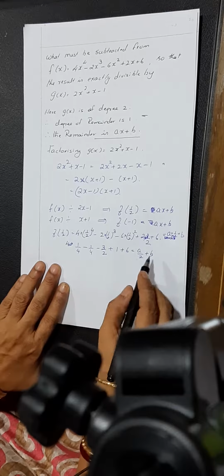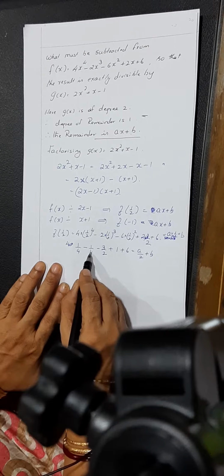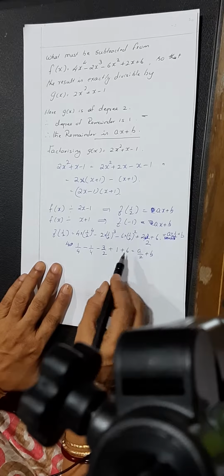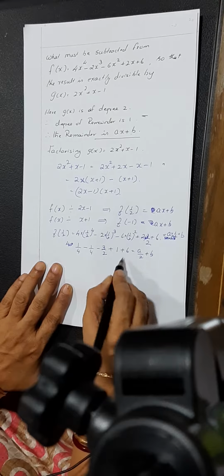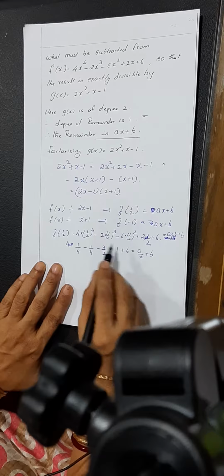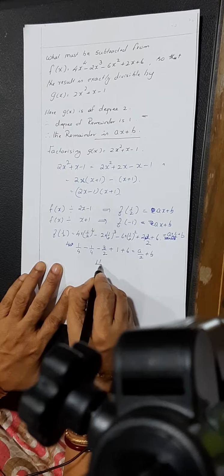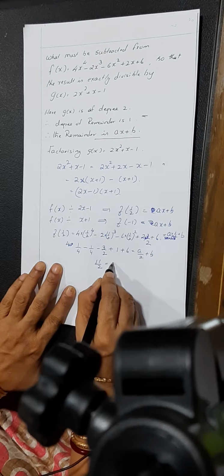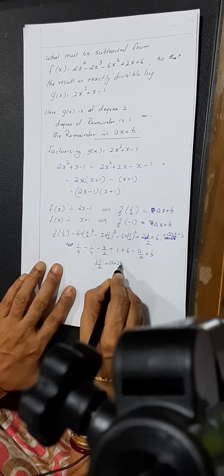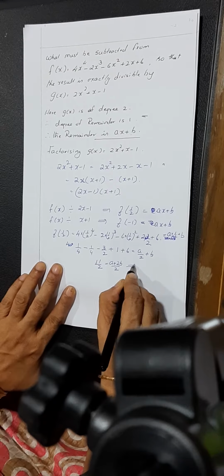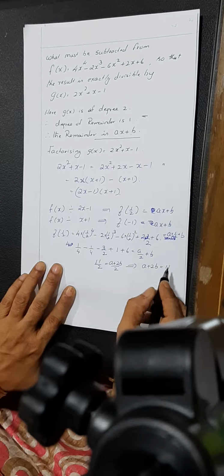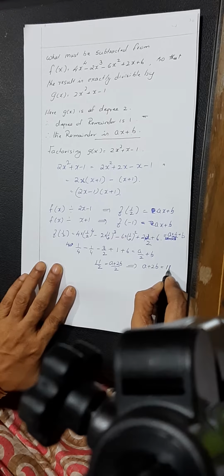Solving this, this will get cancelled, 6 plus 1 is 7, 7 minus 3 by 2 will become 11 by 2, is equal to, taking the LCM, a plus 2b by 2. So, from this I will get a plus 2b is equal to 11. Hope you are clear now.